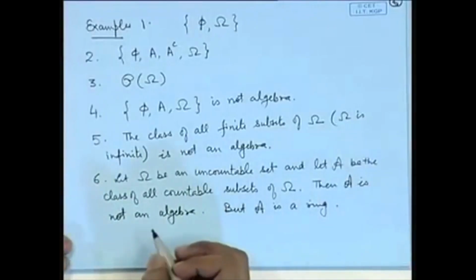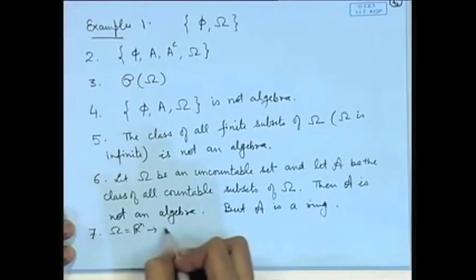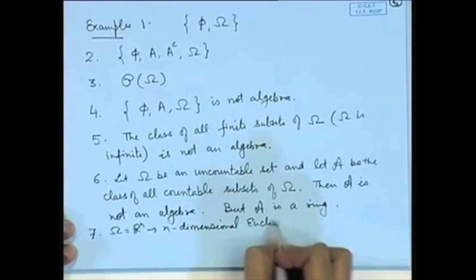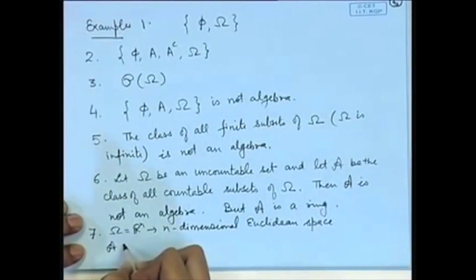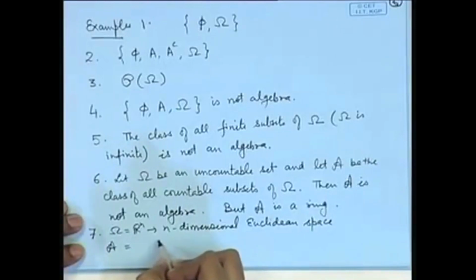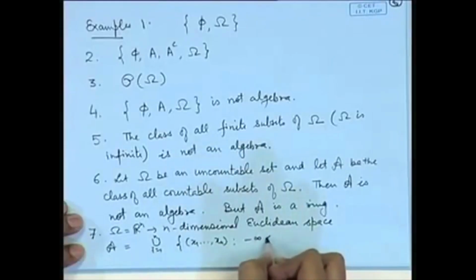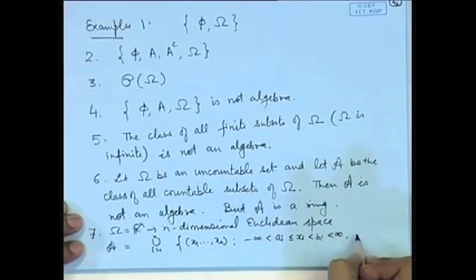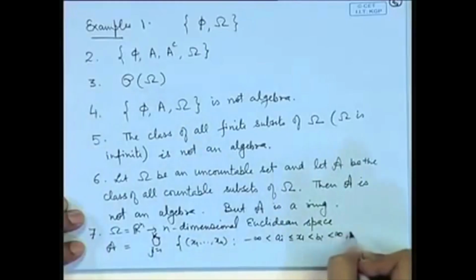Let us consider omega to be the n-dimensional Euclidean space, and let us consider A to be the class of all finite unions of the intervals of the form x1, x2, ..., xn, where aij is less than or equal to xi less than bij less than infinity, for j equal to 1 to k, and i equal to 1 to n.